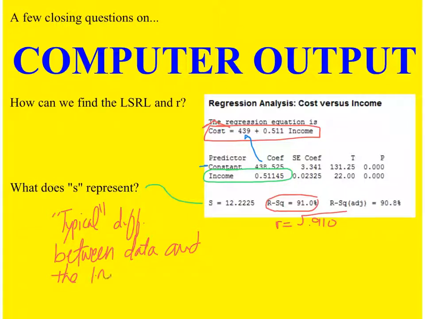So in a way it's a standard deviation, right? Standard deviation we always think of as being that typical difference between individual data points and the mean. Well, this is the typical difference between the individual data points and the regression equation. So it's your error, your kind of residuals error.